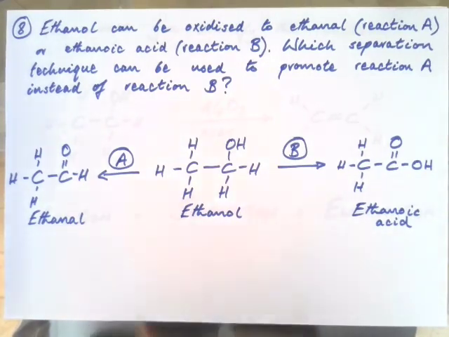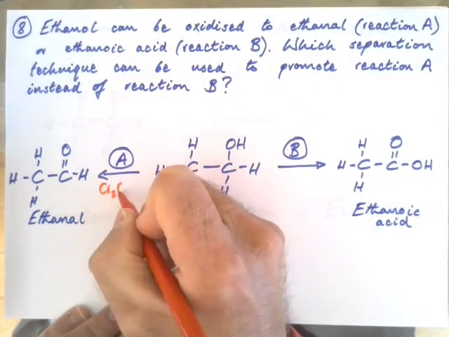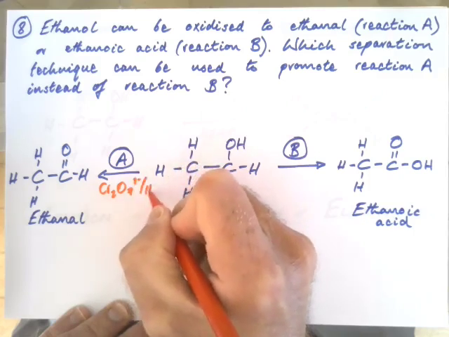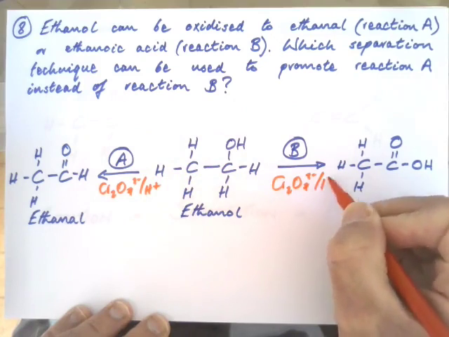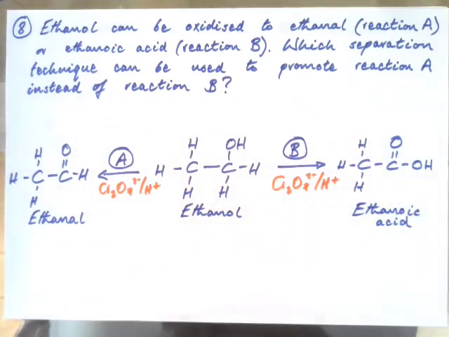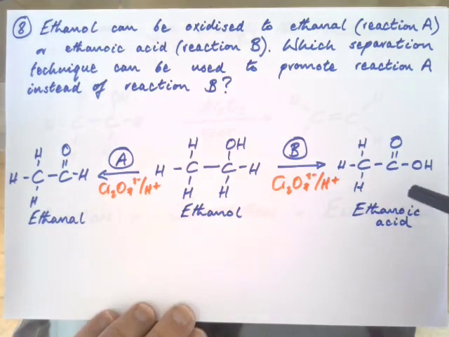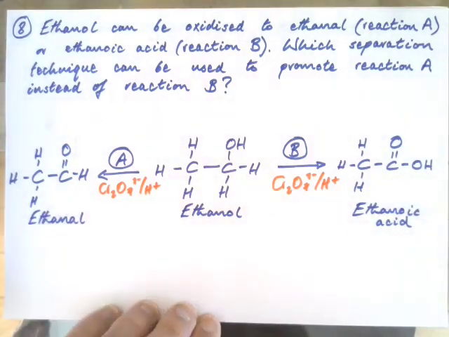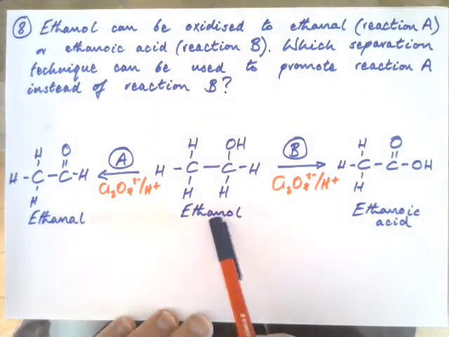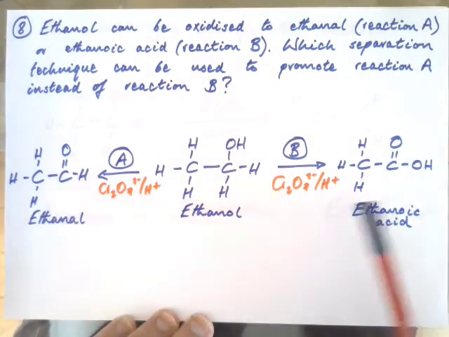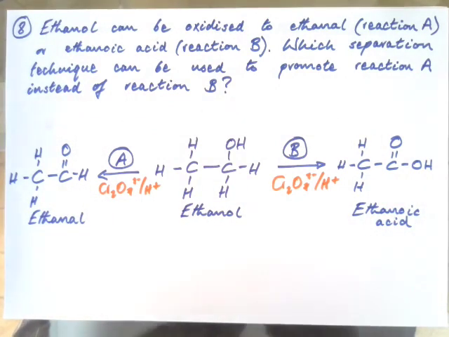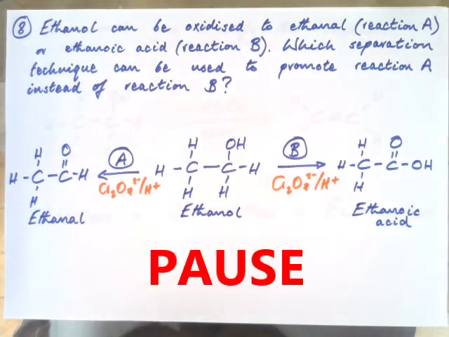It's the same reactant for both of these. Same reaction in all intents and purposes, but this one is a bit more extreme than this one. We would use a separation technique to ensure that our ethanal gets separated from the mixture before it forms ethanoic acid. So what separation technique might we use to do that? Pause the video, have a look at your poster, see if you can find the answer.